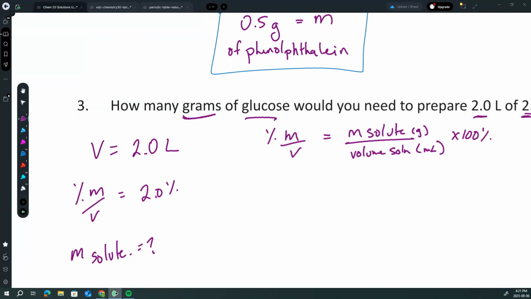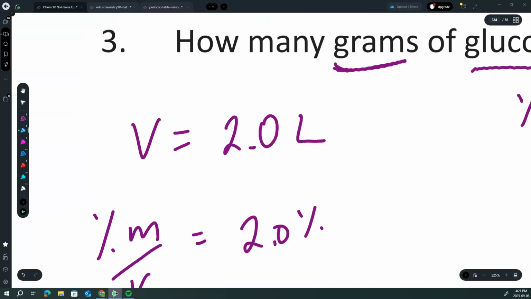In previous lessons, we have gone from milliliters to liters by dividing milliliters by 1,000. So in order to convert liters into milliliters, we need to do the opposite. We need to times by 1,000.